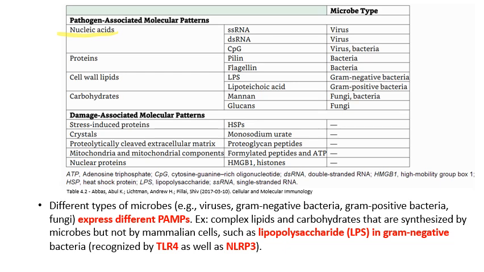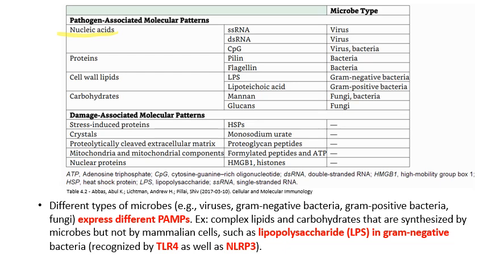No, my cells have DNA and RNA. So now you're going to have some type of receptor that recognizes foreign DNA and foreign RNA and not your own, okay? So you have certain patterns of nucleic acids that are specific for these microorganisms.